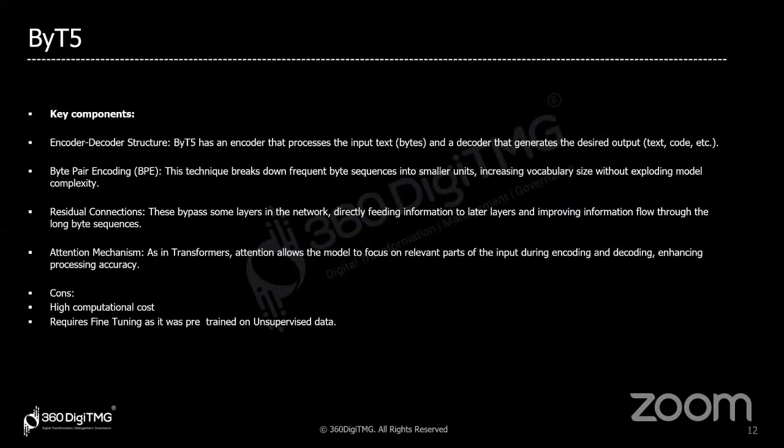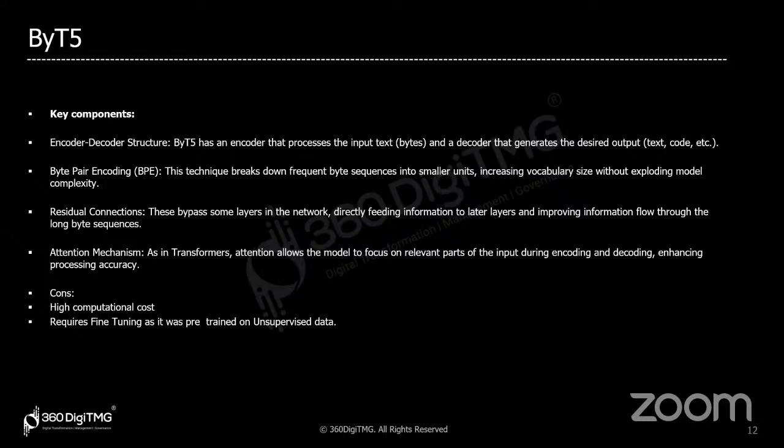So what can we say about ByT5? ByT5 is a powerful extension of mT5, the multilingual T5 model, that simplifies text processing by working directly with raw bytes. Its token-free design allows it to handle any language and makes it more robust to non-standard text inputs.